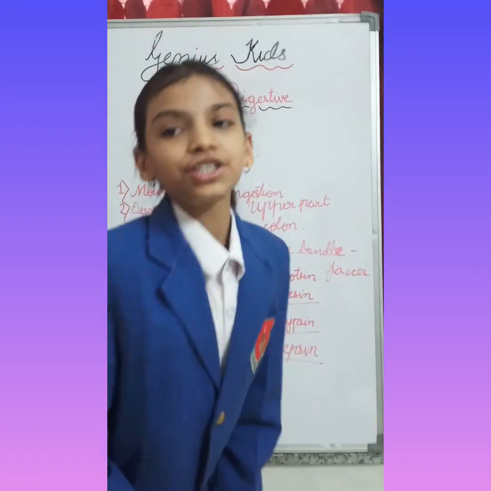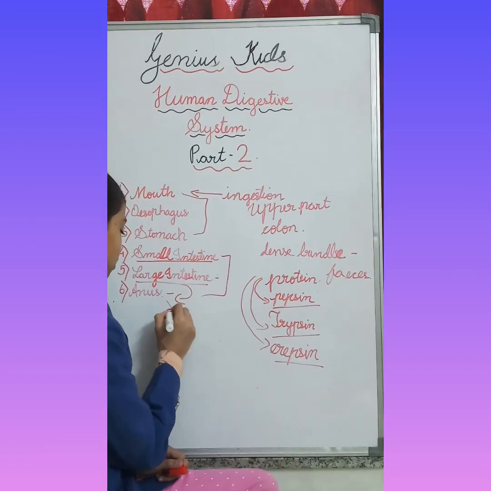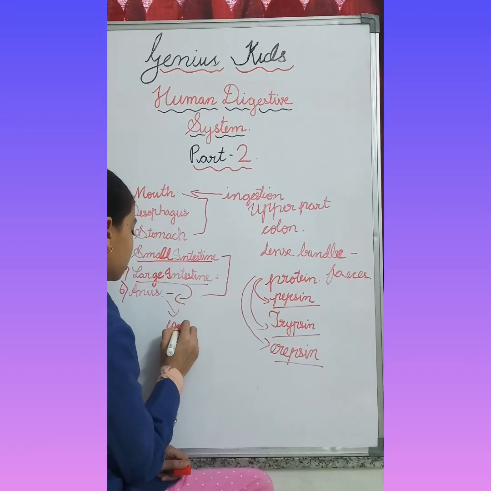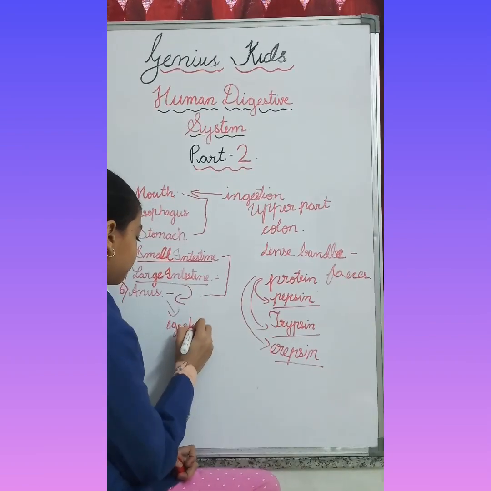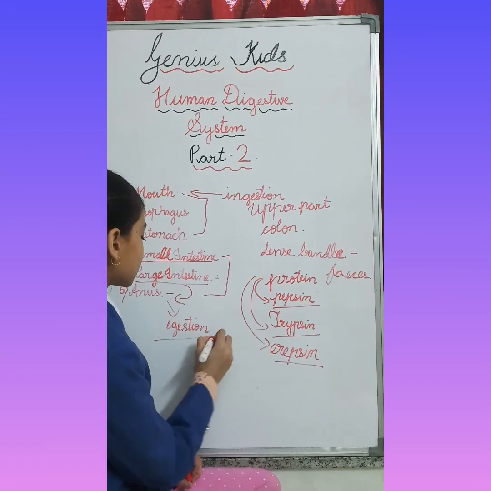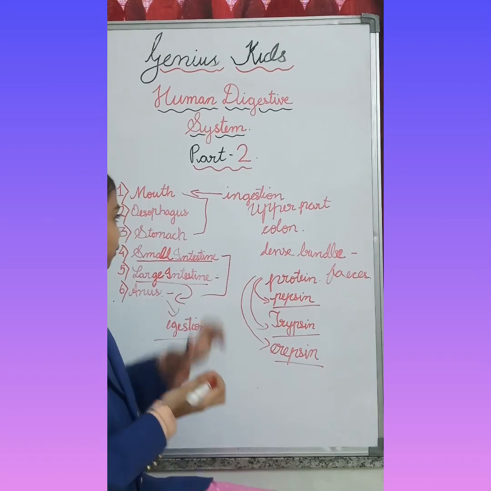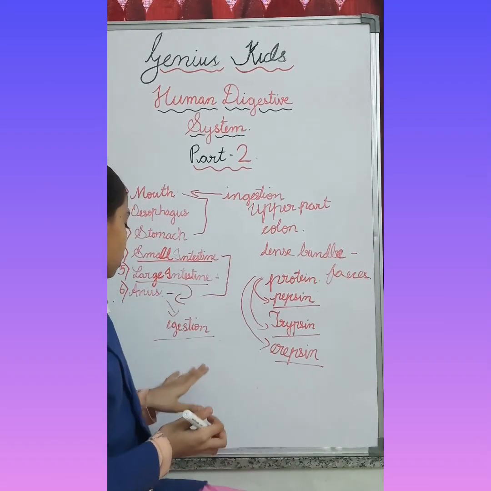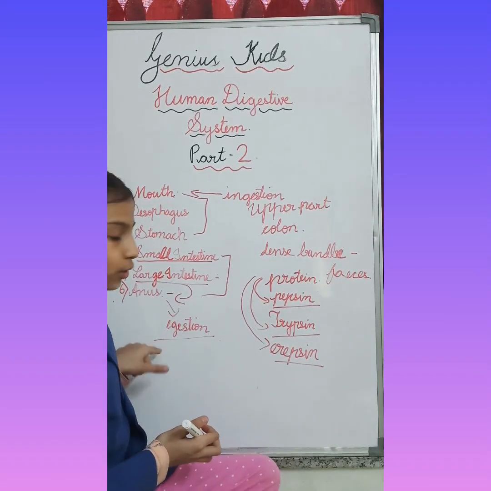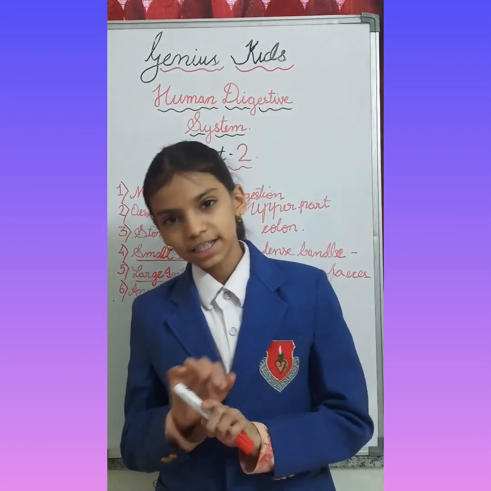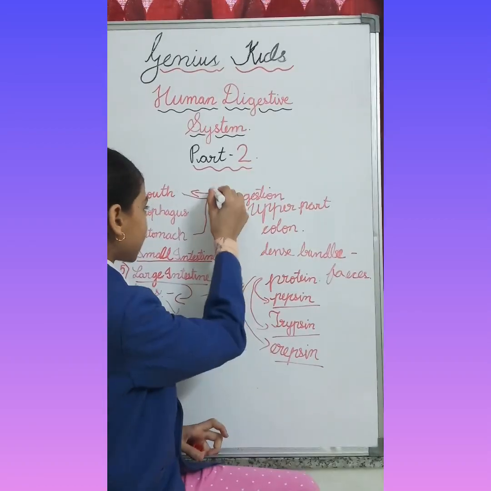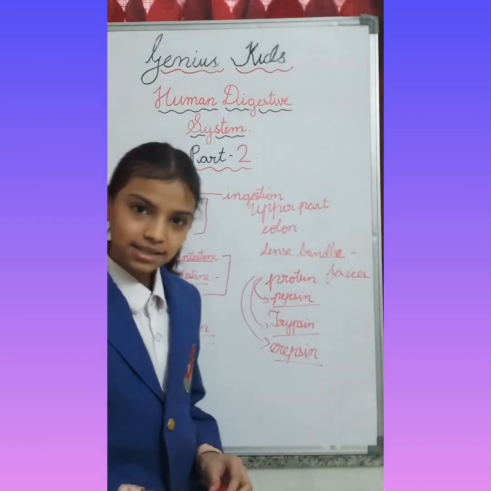It performs egestion, E-G-E-S-T-I-O-N. So ingestion is the process of taking in food, and egestion is the process of removing out the undigested food. It marks the end of the digestive process in the digestive tract. So we have completed all the 6 processes of our digestive system.